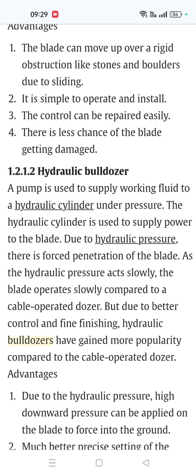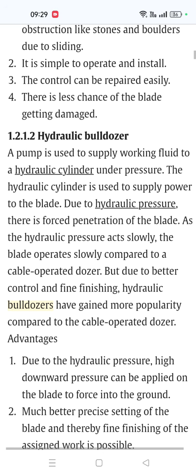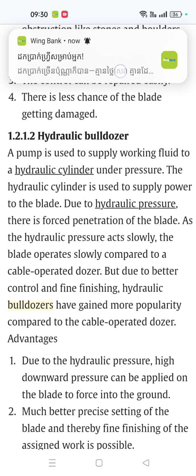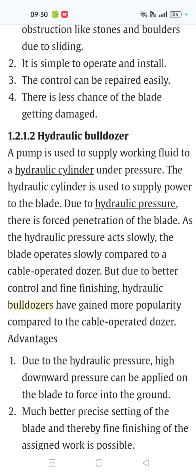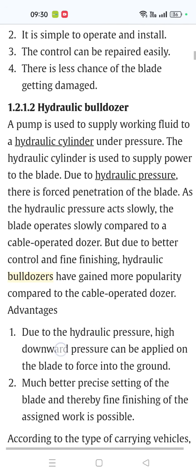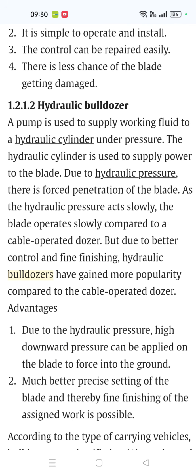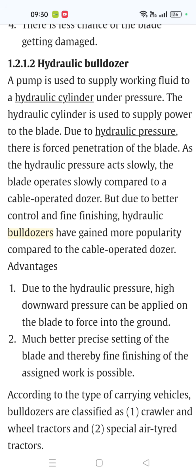There is force penetration of the blade as the hydraulic pressure acts slowly. The blade operates slowly compared to a cable operated dozer. But due to better control and fine finishing, hydraulic bulldozer have gained more popularity compared to the cable operated dozer.